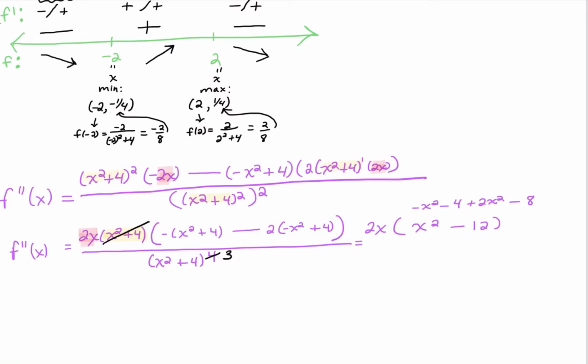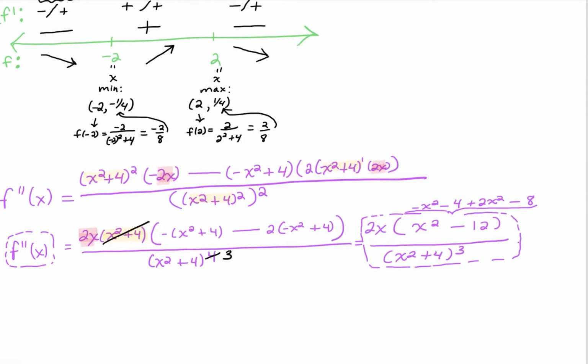So that's what we would have there. And then this whole thing is what's simplified to what's in parentheses there. And then this is all over our x squared plus 4 quantity cubed. Okay, so this is our pretty good form of our second derivative. So nice and simplified here.